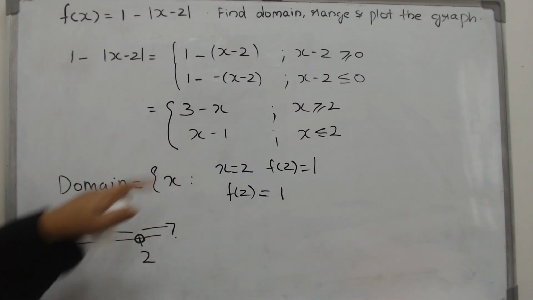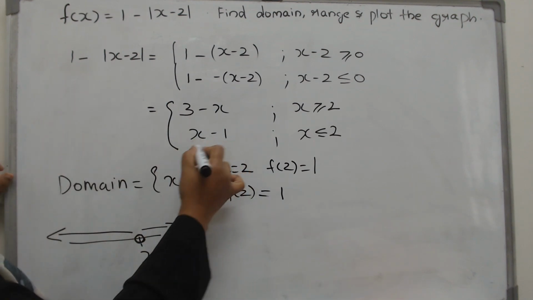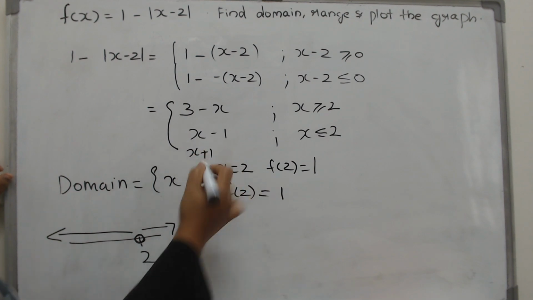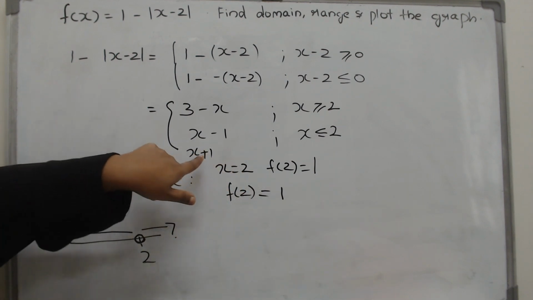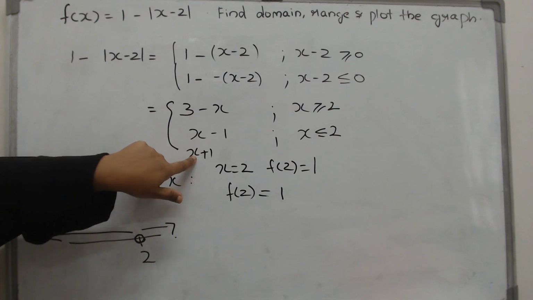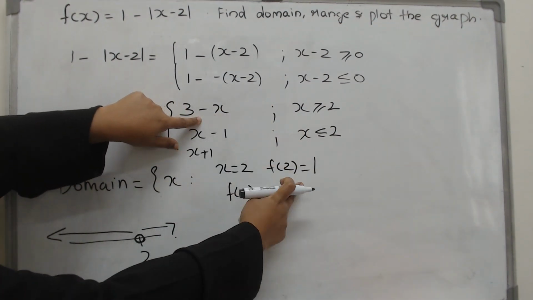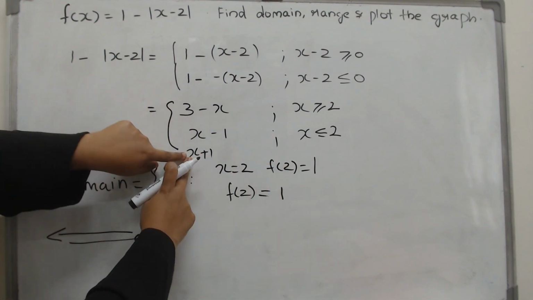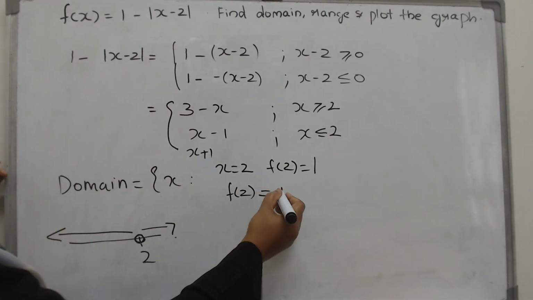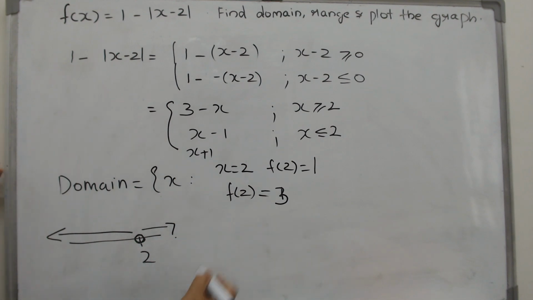If instead of x minus 1, for example, what you had is, say, x plus 1, then what happens? Here you put 2, you will get a 1. But here if you put 2, what will you get? You will get a 3, which means what? 2 will be mapped to two numbers, 1 and 3.